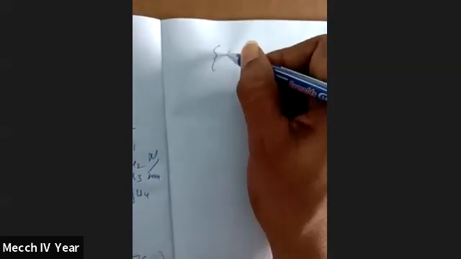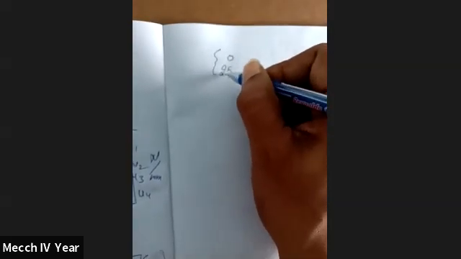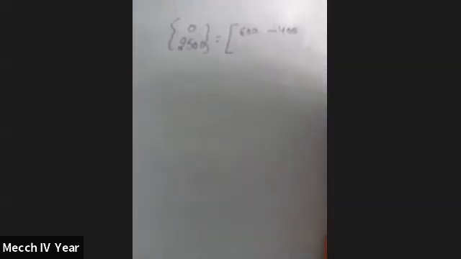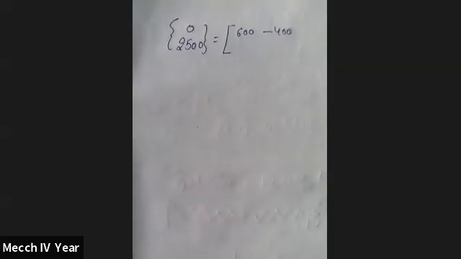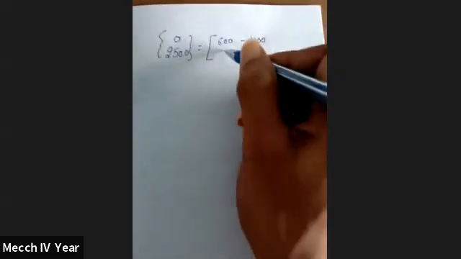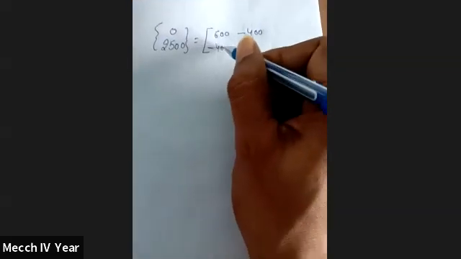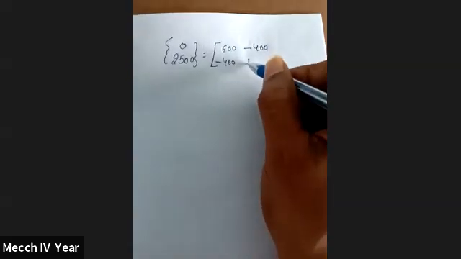So directly I am going to write this: 0, 2500, that is equal to 600 minus 400. And the last one is coming from minus 400 and 1000.